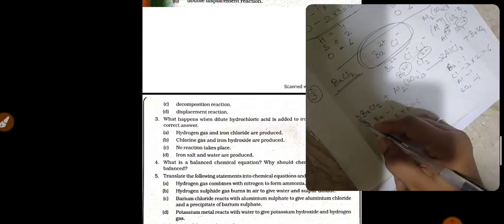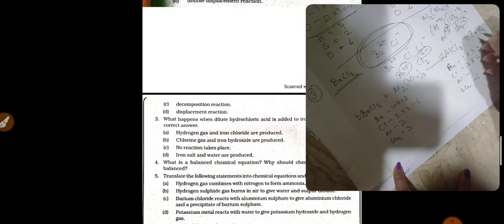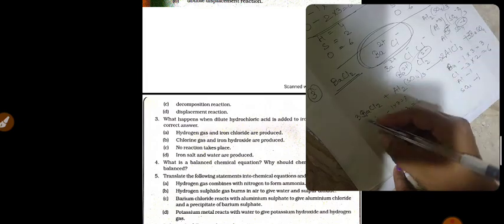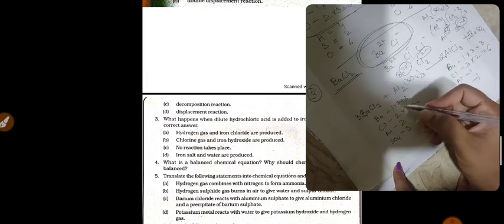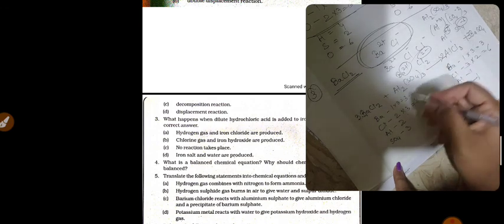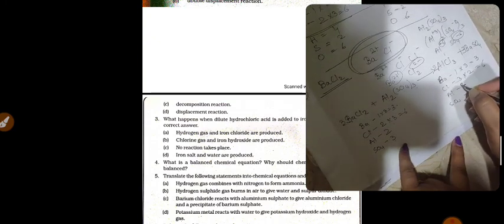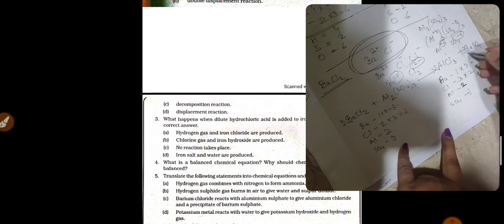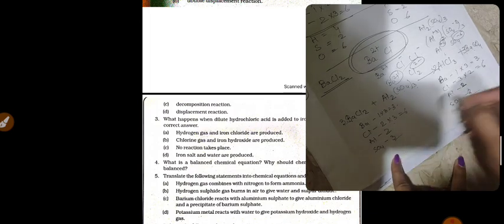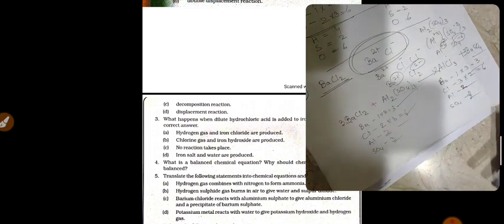Clear. Now Ba3, now we multiply this also by 3, and with 3 this 3 is already there. So now let's check. Barium 3, chlorine 6, aluminum 2, SO4 thrice. 2 aluminum, okay, chlorine 6, 3 barium and SO4 also 3. Okay, matched. All are matched now. This is balanced equation.